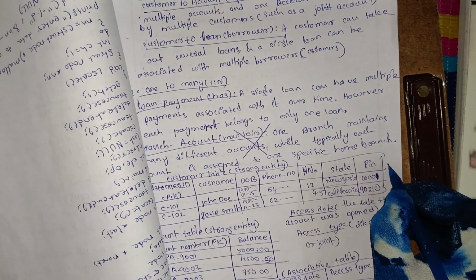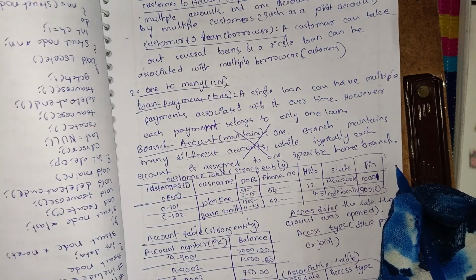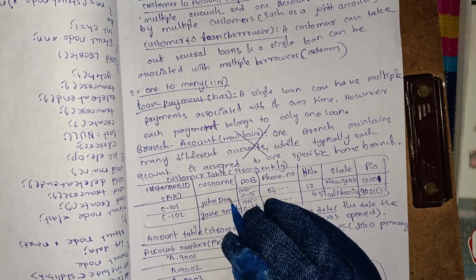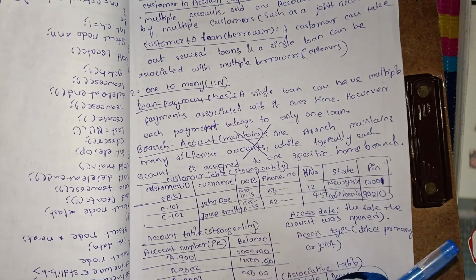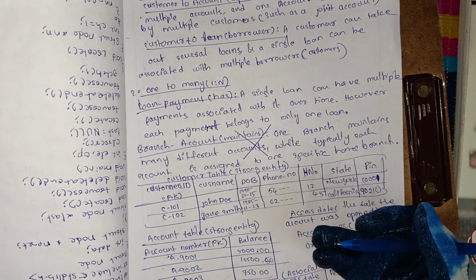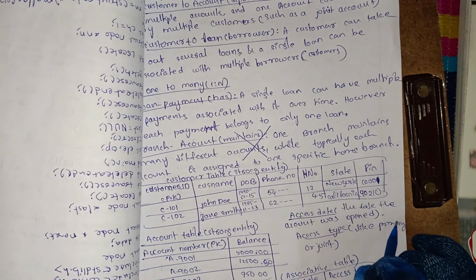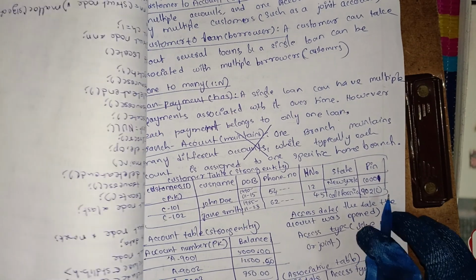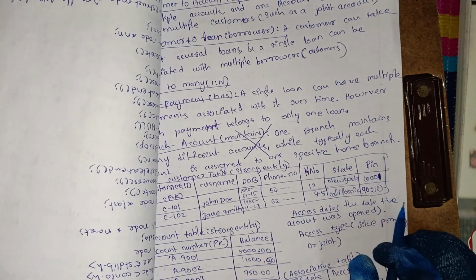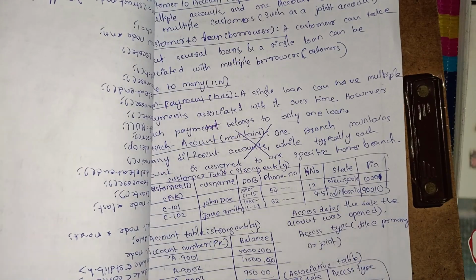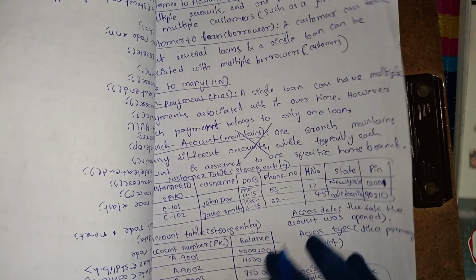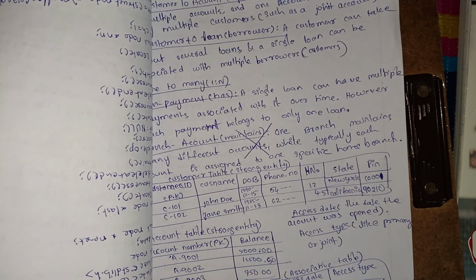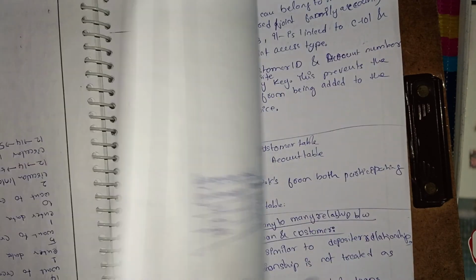If I include age here, then the customer name can be repeated twice, thrice and multiple times, so the age should also be repeated that equal number of times. So it will create duplicate values and cause severe redundancy. So that's why we are not including it, and at runtime we will access it.